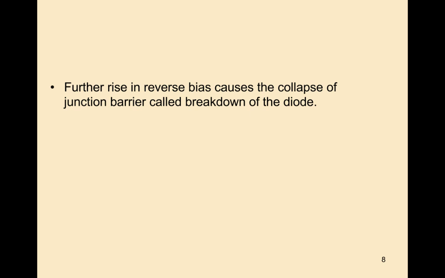Further rise in reverse bias causes the collapse of the junction barrier, called breakdown of the diode. So when we increase the supply voltage of the battery, it causes the collapse of the junction barrier, called breakdown of the diode.